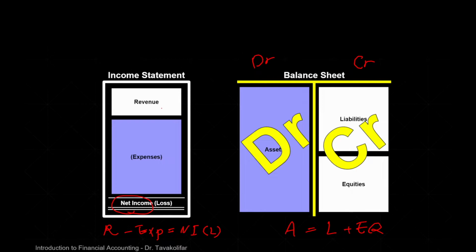Again, since revenue is the money that we earn, it increases the equity, so their normal balance is similar to equity: credit. And expenses work the other way around. They decrease equity, so their normal balance is debit. So hopefully this slide will give you a better understanding of the idea of debit and credit and why normal balances are different in different accounts.